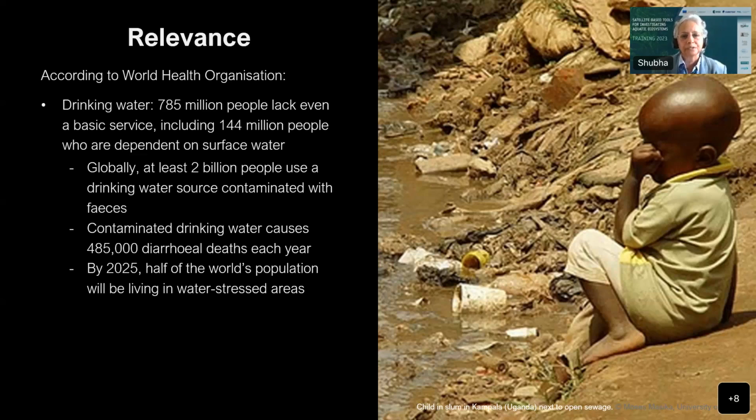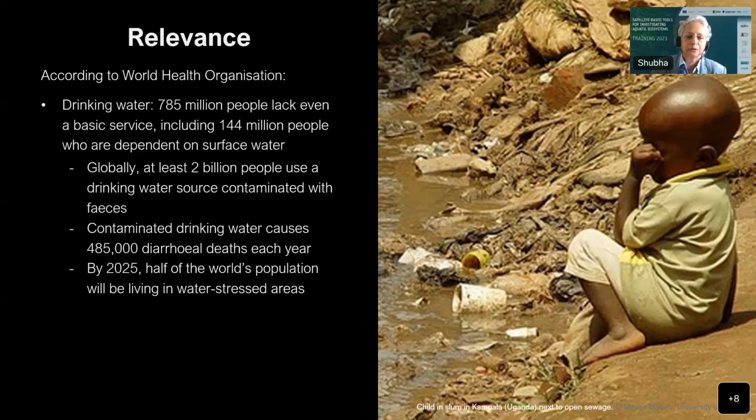And they say that even if you have drinking water, it could be contaminated. Some 2 billion people have no guaranteed contamination-free water supply. So contaminated drinking water can cause up to 500,000 diarrheal deaths each year.